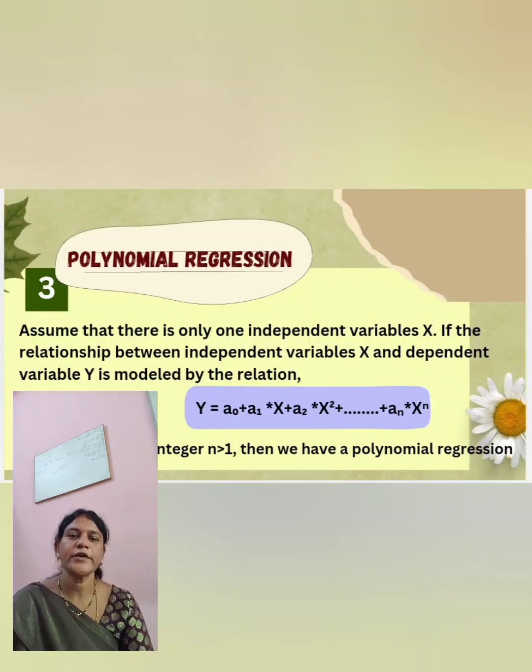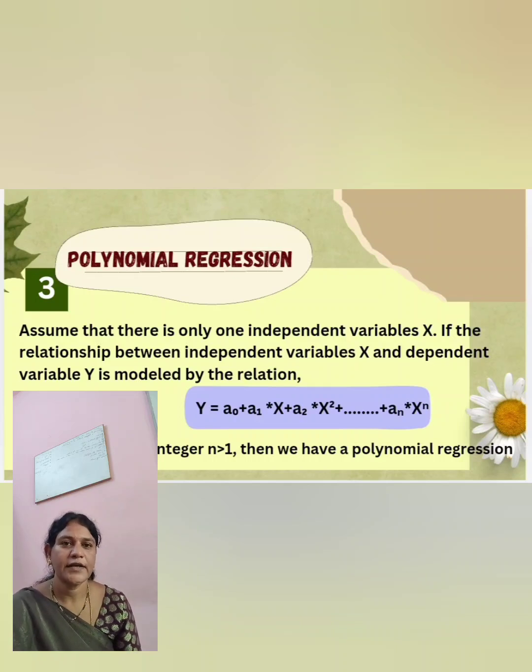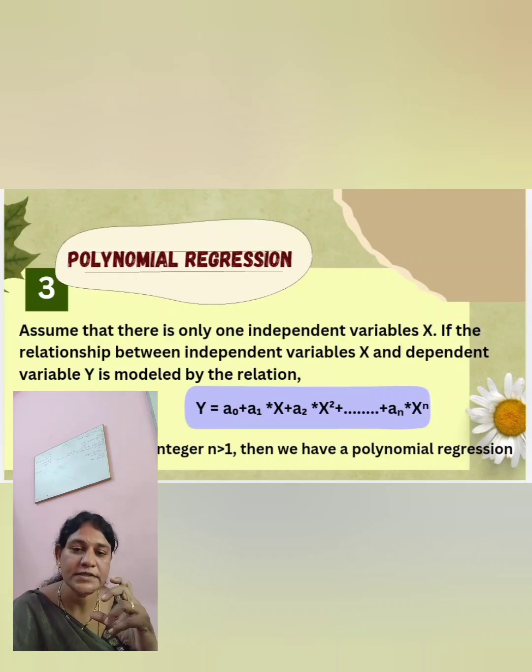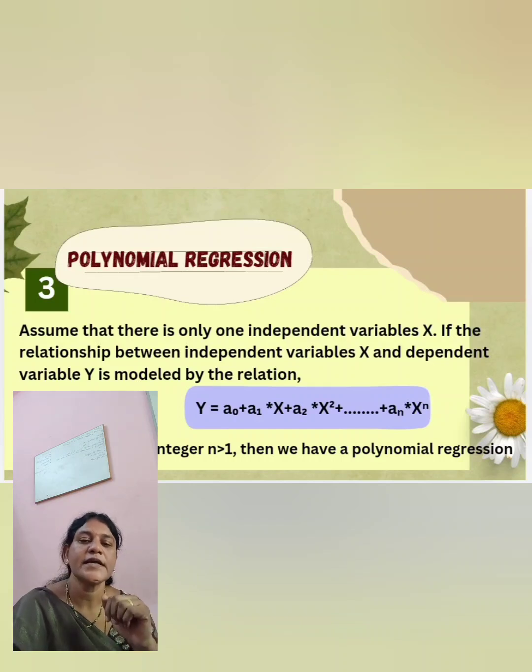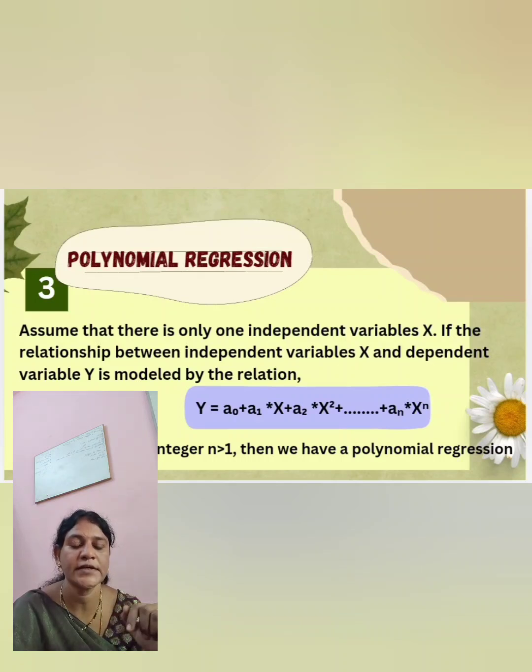The third is polynomial regression. Here we assume that there is only one independent variable x, and the relationship between the independent variable x and the dependent variable y is modeled by a polynomial. That is known as polynomial regression. For example, y = a0 + a1x + a2x² + a3x³, and so on.